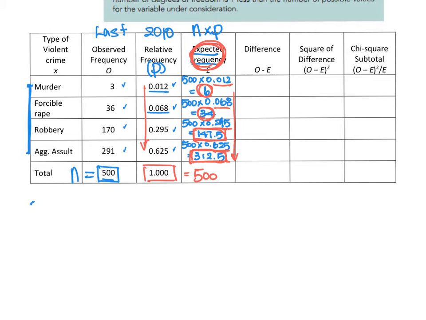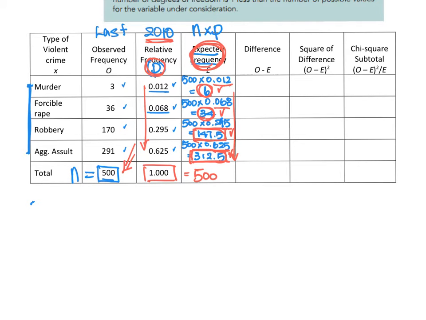That means when we apply the proportions in 2010 to the sample size, we can expect 6 murders, 34 forcible rapes, and the next ones are robbery and the remaining type.